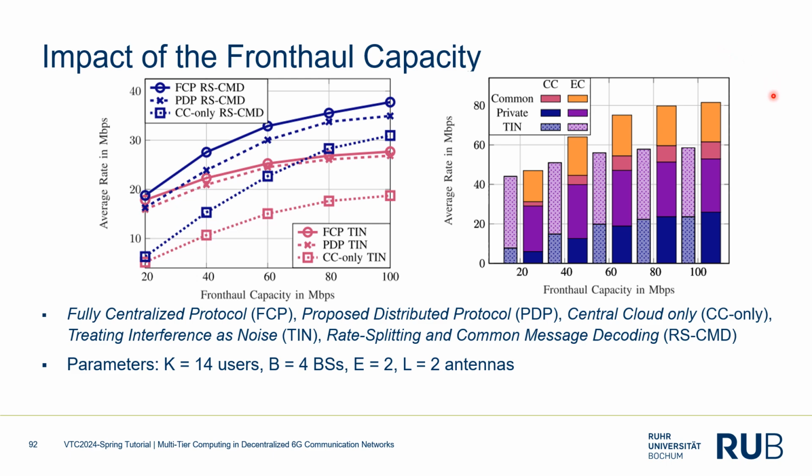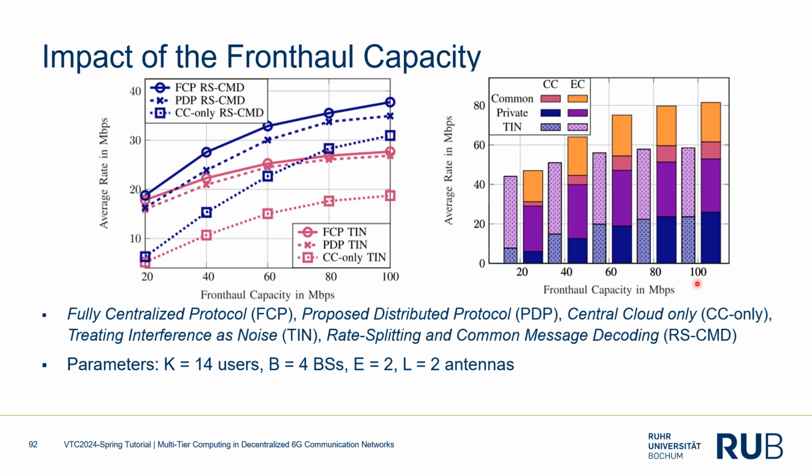And when we look at the breakdown into the private and common rate split, we observe that the common rate is particularly useful for the edge user. More specifically, as compared to the central cloud users, the common rates are much higher comparatively.